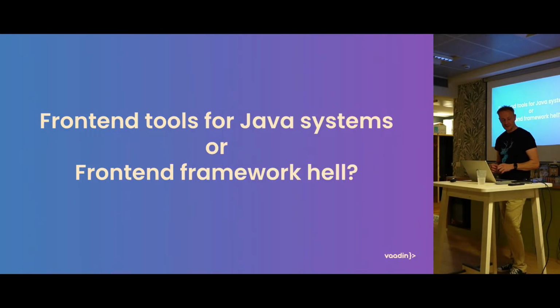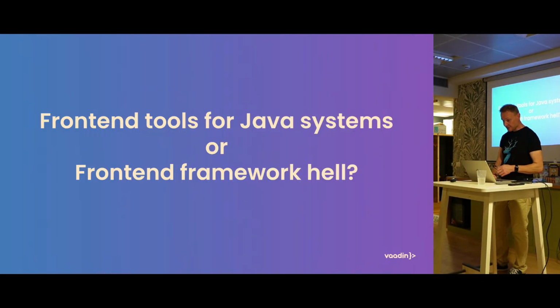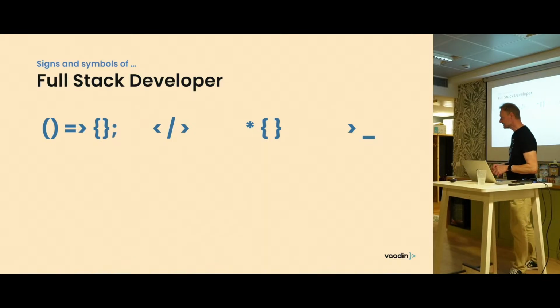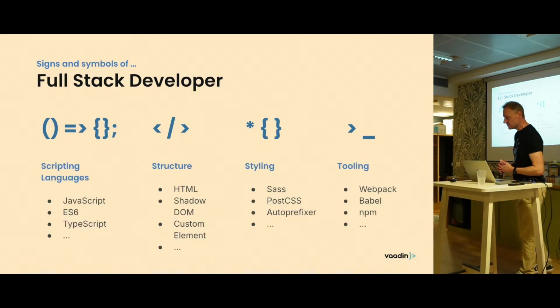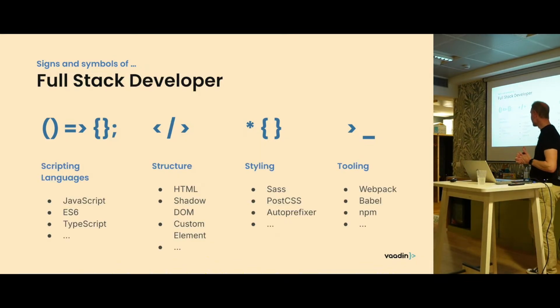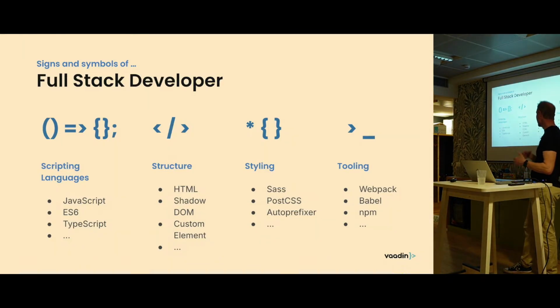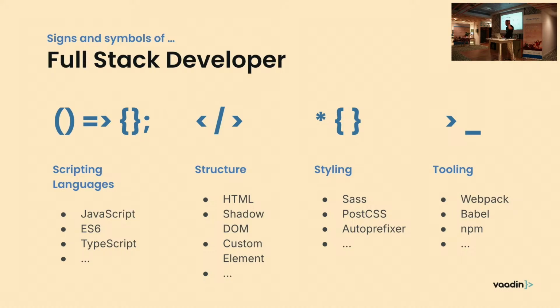And of course, there is good reason for that. The front-end tooling has quite a few different kinds of syntaxes these days. You have different scripting languages, different ways of structuring the view, and then different tooling on top of that to make it even more complicated how you build the UI.